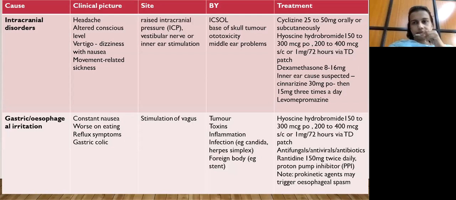You can try antifungals, antivirals, antibiotics if infection is suspected. If you suspect ulcers, we can try ranitidine, proton pump inhibitors. Sometimes prokinetic agents can trigger an esophageal spasm. So if esophageal irritation is there, it would be better not to give prokinetic agents.